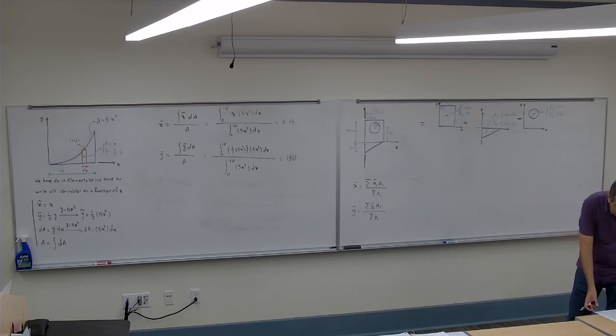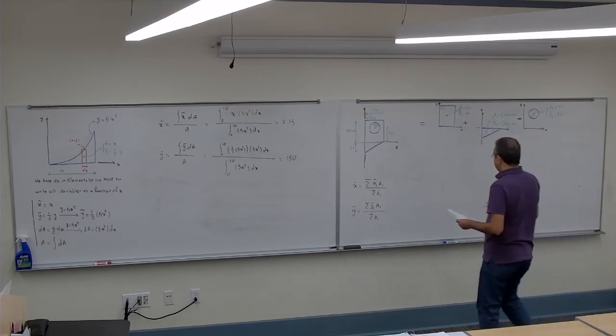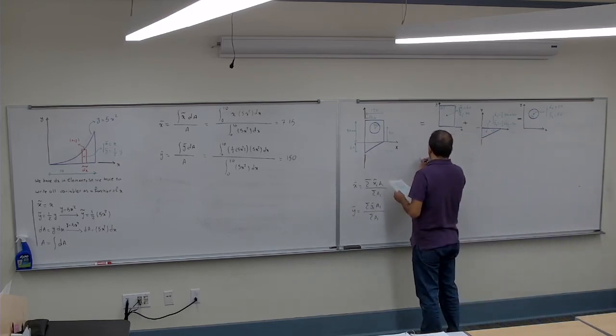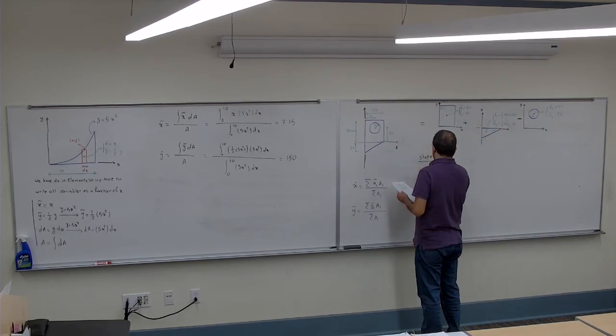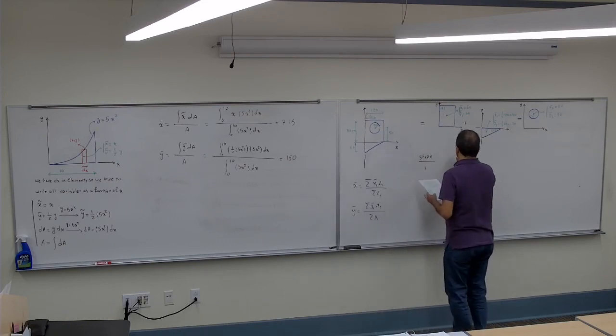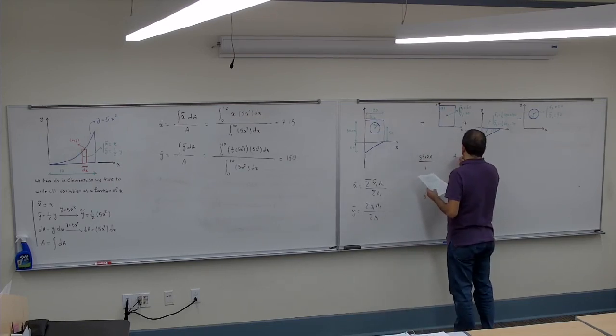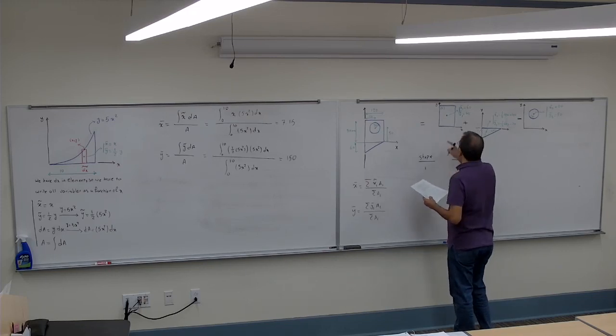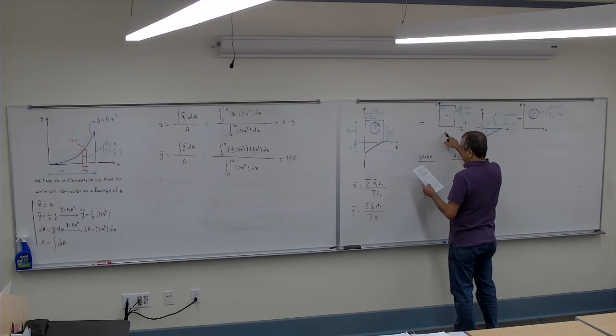So I'm gonna just make a table here. Shape 1, 2, and 3, and then I have the area for them. For the first one, it's gonna be 80 times 120.